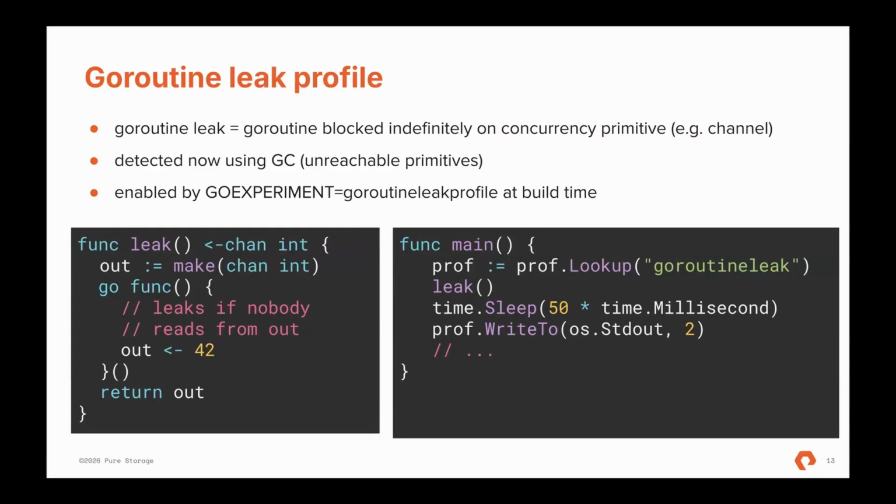The mechanism is basically using the garbage collector, which checks for the unreachable primitives, so basically the channels that are not accessed anywhere, and this way it can detect some of the goroutines. It doesn't detect everything, but it will be a huge step forward for detection of this problem.